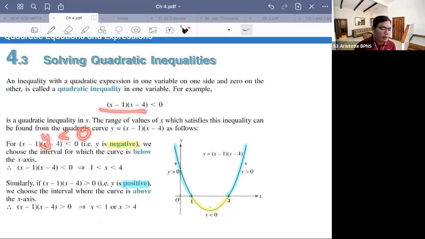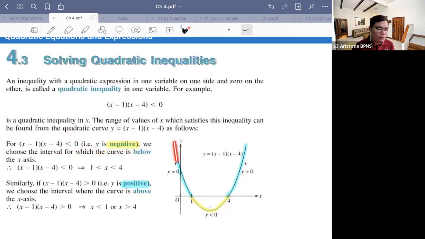And then for the second one, if this is greater than 0, or your y is greater than 0, it's another set of answers. Okay, so take note, class. If your y is less than 0, in this case, x minus 1 times x minus 4 is less than 0, that means that your y is negative, right? Everything less than 0 is negative.